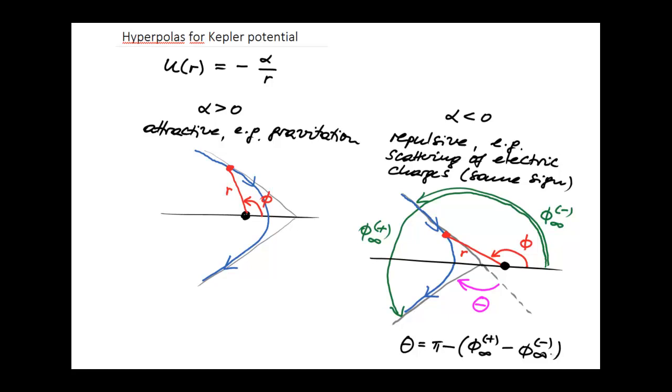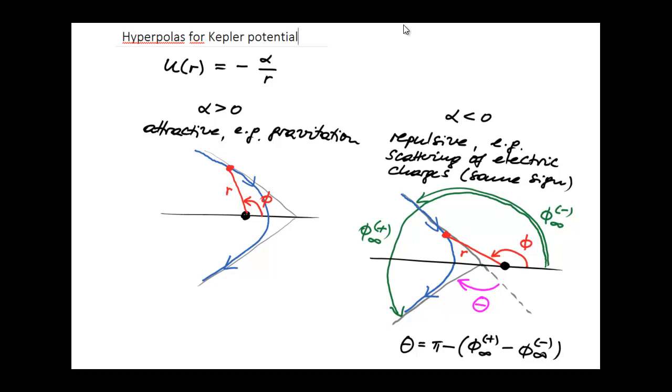That is the angle between the straight line that characterizes the asymptotic incoming trajectory, and the other straight line that characterizes the asymptotic motion of the outgoing particle. So that's the angle between these two gray lines. That is the difference between the asymptotic angles. And then add to that the scattering angle theta, and they add up to pi. So you solve that for theta, and you get this relationship here.